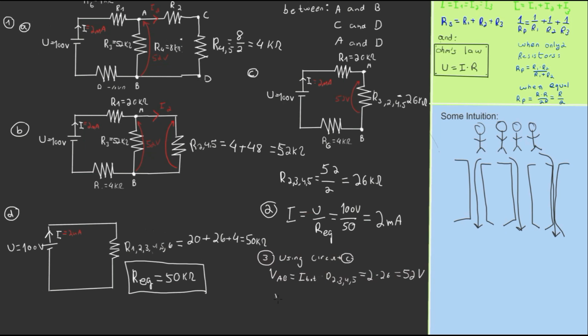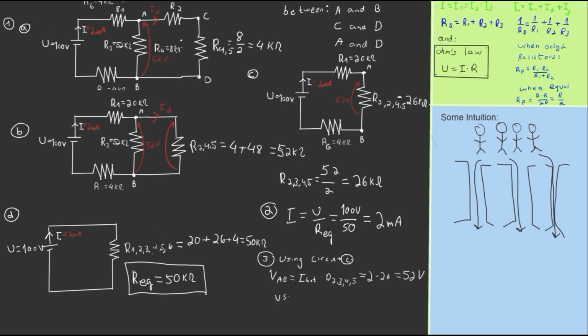So using circuit B, we can find I2. I2 equals the voltage over R245 divided by the resistance R245, and that's easy.